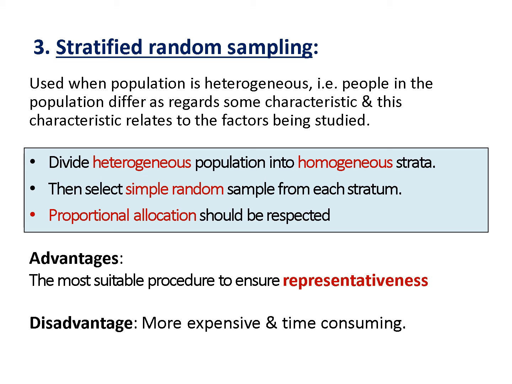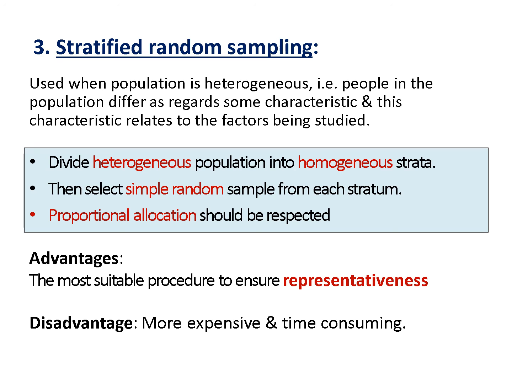And in this case, we divide the heterogeneous population into homogeneous strata, then select a simple random sample from each stratum, and proportional allocation should be respected. For example, if we have a number of females double the number of males, in this case, the simple random sample from the females will be double the simple random sample from the males to be representative.